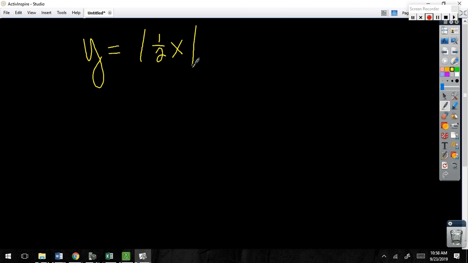Is it only a shrink of what? Are you sure? It's a vertical shrink. No, it's horizontal. It's horizontal because it's only being done to x. If it looked like this, it would be vertical. It's a horizontal stretch.